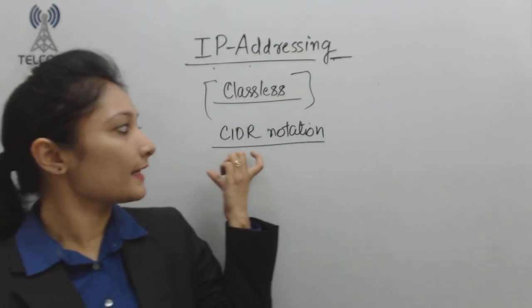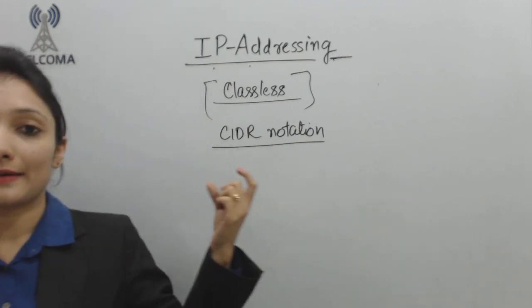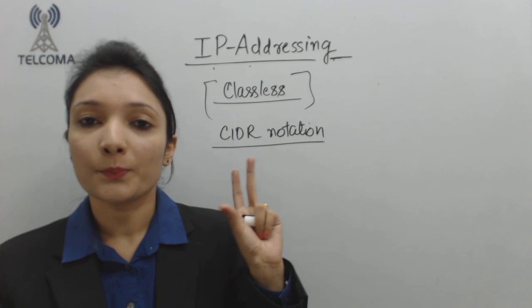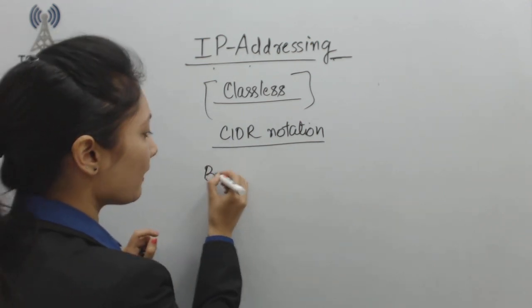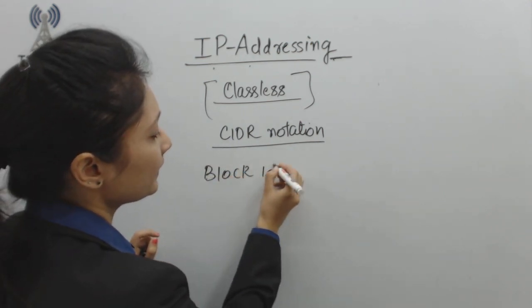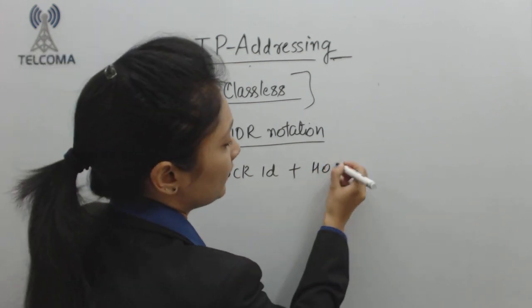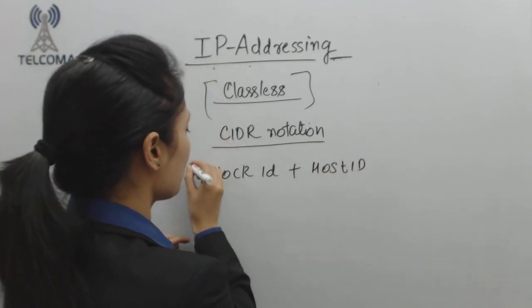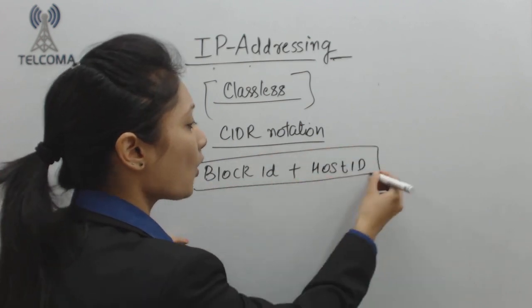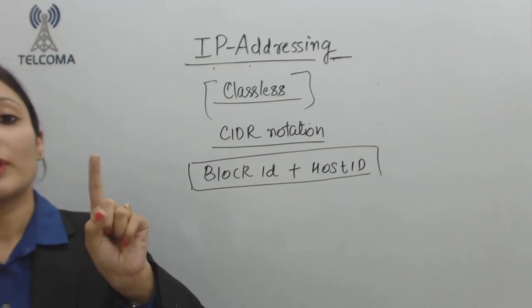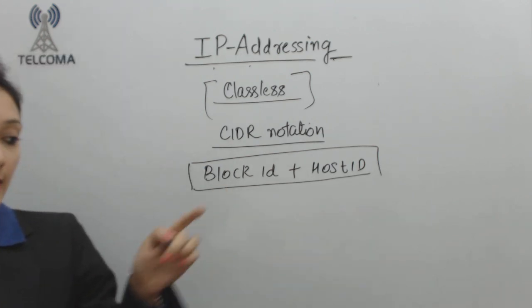So we use CIDR notation, which is classless inter-domain routing notation. So here we simply have the block ID and the host ID. This is the concept: we have block ID and host ID. So for the identification of the network and the host, we have the CIDR notation.